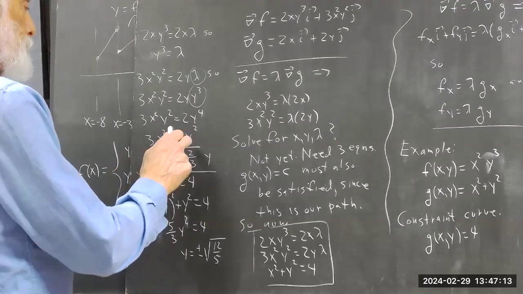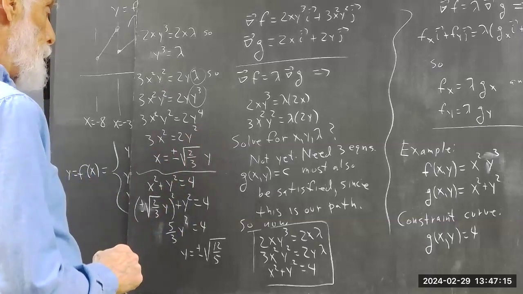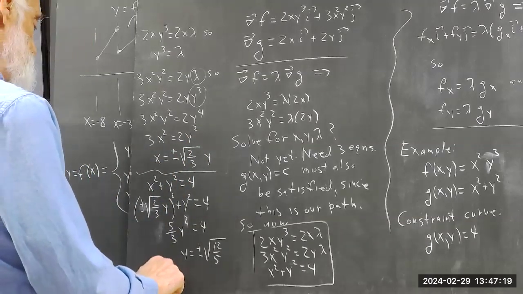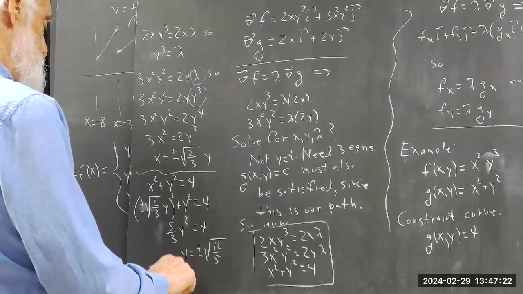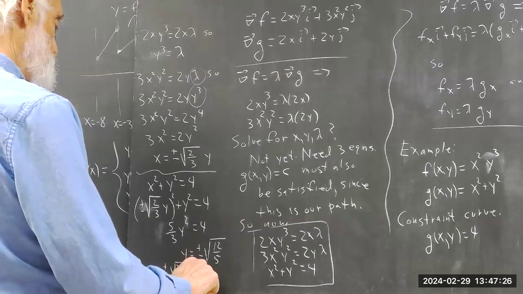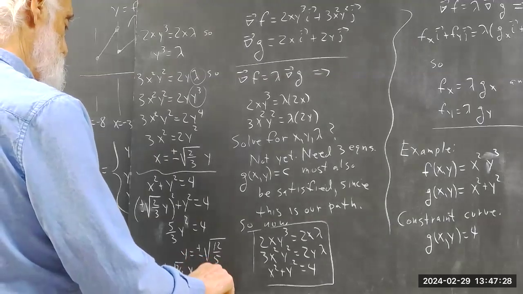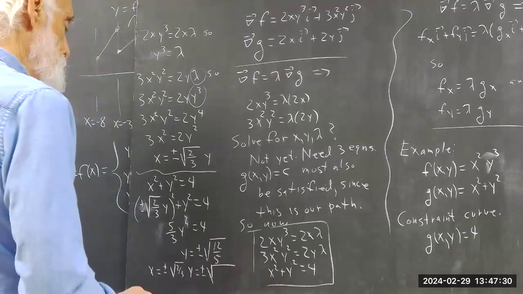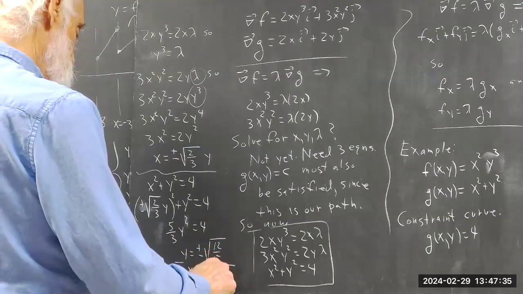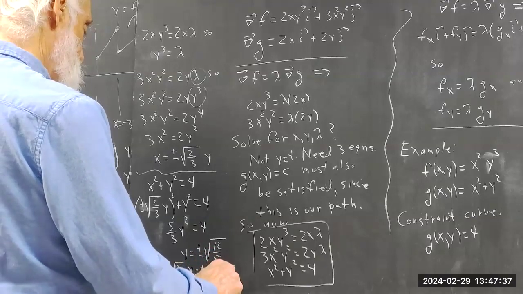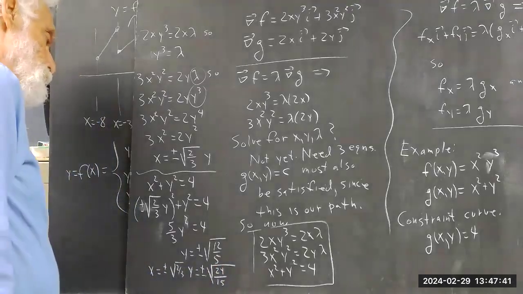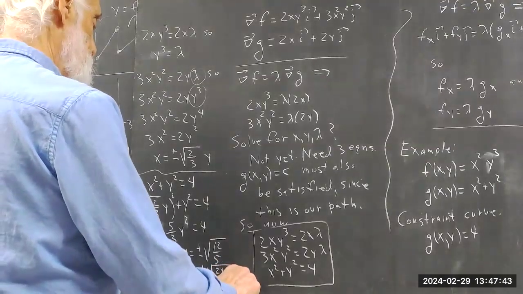X equals plus or minus the square root of 2/3 y. Y is plus or minus the square root of 12/5. That's going to be 24/15. My arithmetic is right.